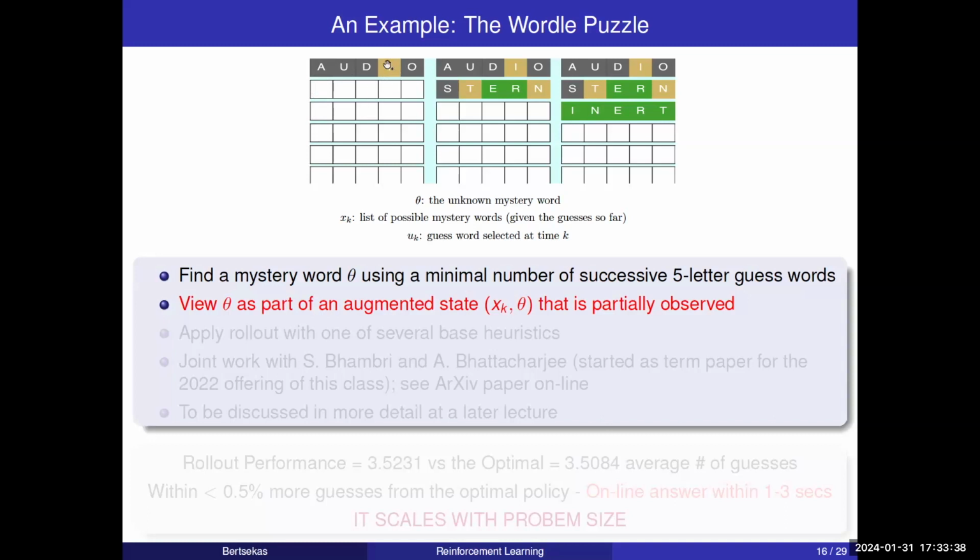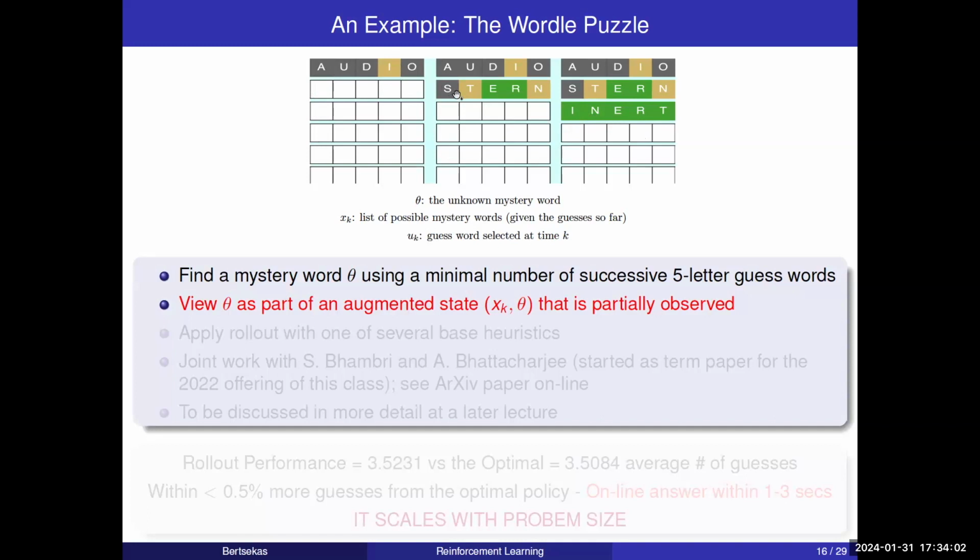And the response has to do with the commonality of letters between your guess and the mystery word. In this particular case, there's one common letter, which is I, but it is not in the correct position. So you get a yellow response for I, okay? Then you choose a new guess word.